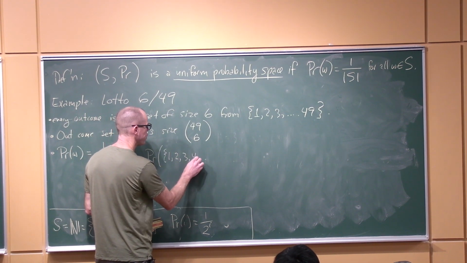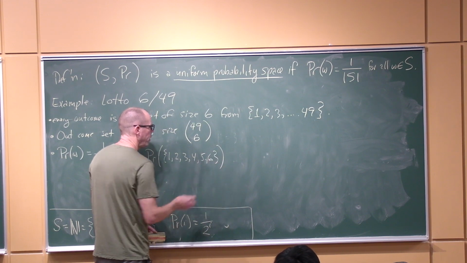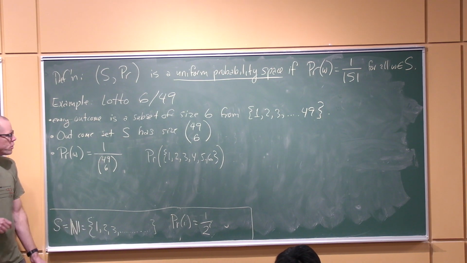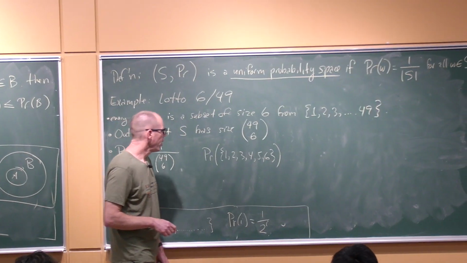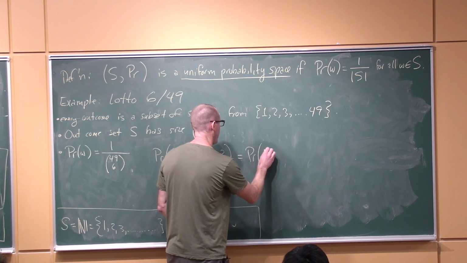So in the Lotto 649, you get to choose 6 numbers. You get a little card, it's like a Scantron sheet. You choose the 6 numbers you want.